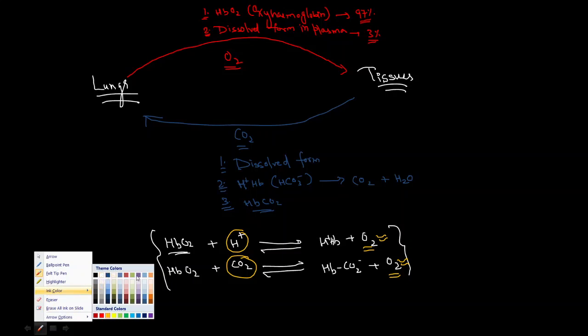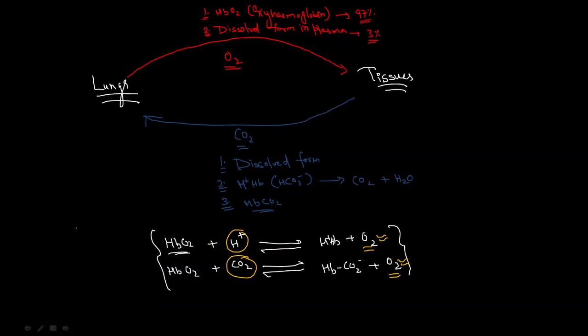So by looking at all these conditions, can I say that carbon dioxide and protons are affecting the affinity of the hemoglobin for oxygen, right?